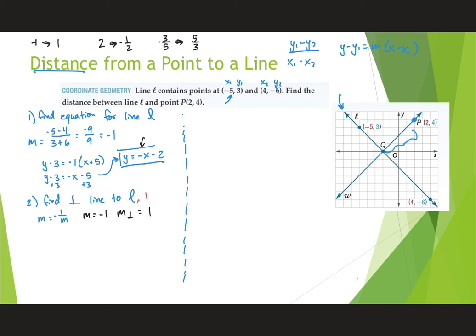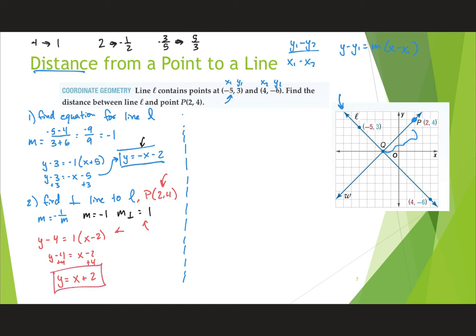It needs to go through P, which is 2, 4. So I'm going to do the same thing I did in my first step, and that's going to use point-slope form to find the equation of this perpendicular line. And there's the equation for my perpendicular line. Notice I used my point P and my perpendicular slope in point-slope form, and I solved for the perpendicular line, which is down here.